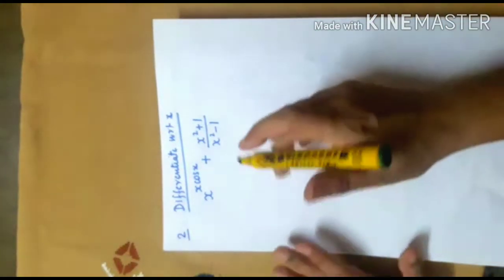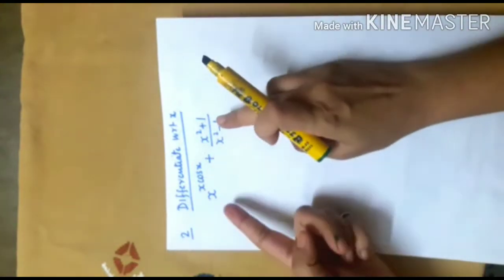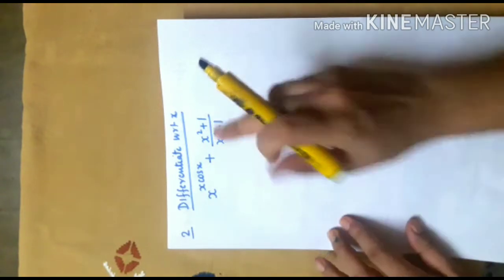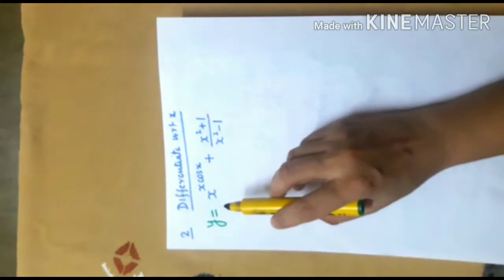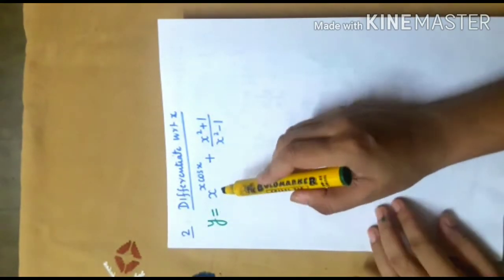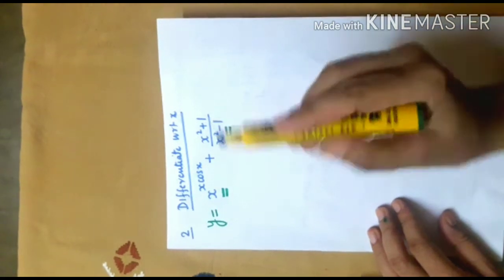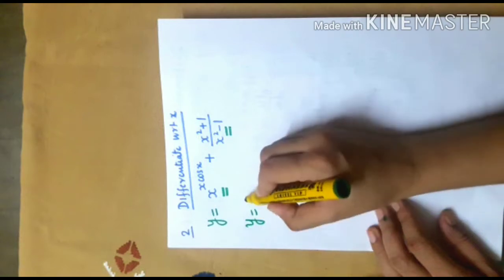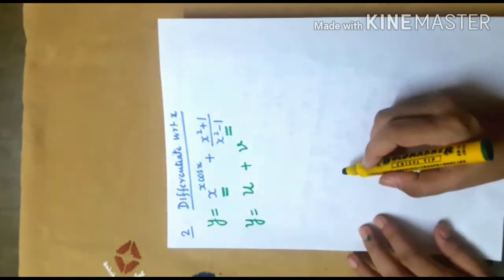Let's take another question. Differentiate with respect to x. I have to find out the derivative of this function with respect to x. So let me call this function as y. Now you can see y is a sum of these two functions. So let this be the function u and this be the function v.